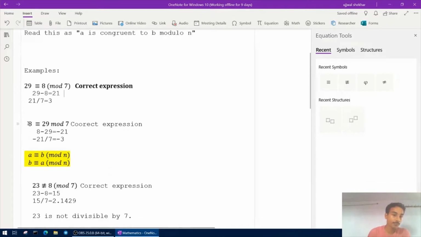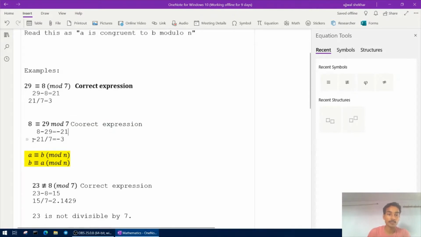Now let's check 8 is congruent to 29 mod 7. This is the same expression, but a and b are interchanged. So we have 8 as a, 29 as b, and n as 7. We subtract 29 from 8, and the output will be minus 21.